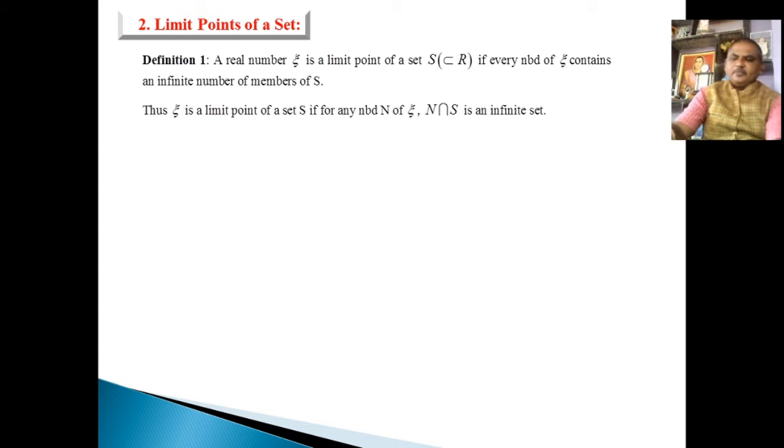Second point, the limit point of a set. First, what is meant by the limit point of a set?